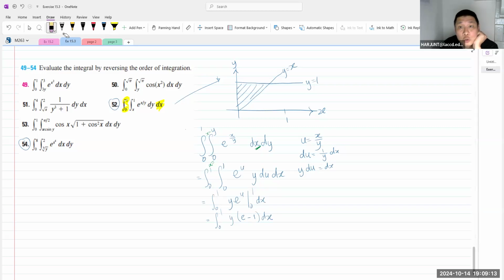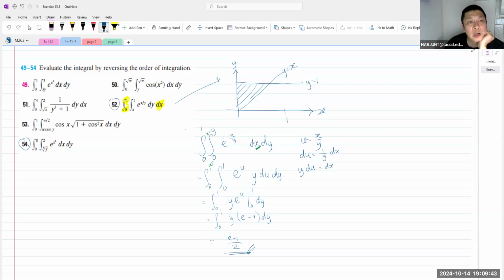I'm sorry, this should be y here, should not be x. Okay, so this is e minus 1 times 1/2, right? Over 2. That's for number 52.